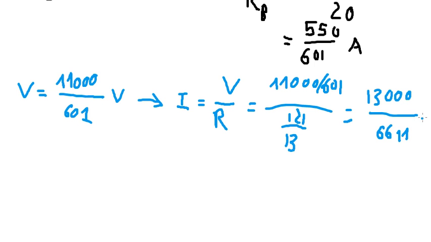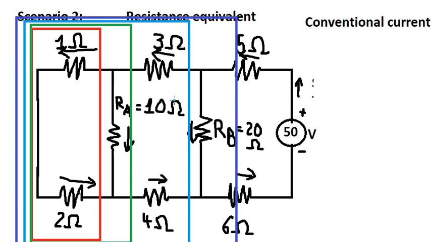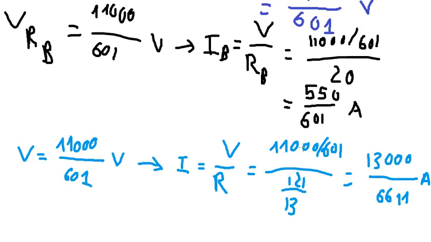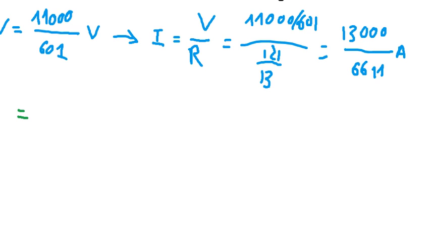So we have this number in here. So inside the blue, we can see that we have the green 3 ohm and 4 ohm. They are in the series. That means the green ones have the same current. So we have I equals this number in here.